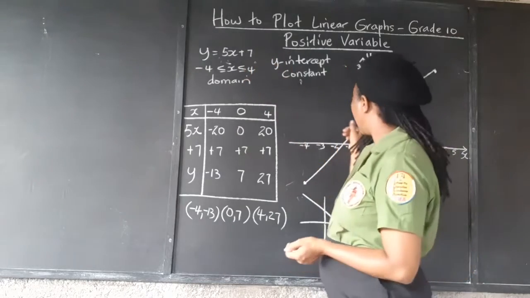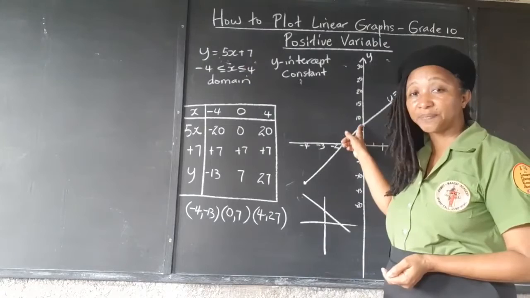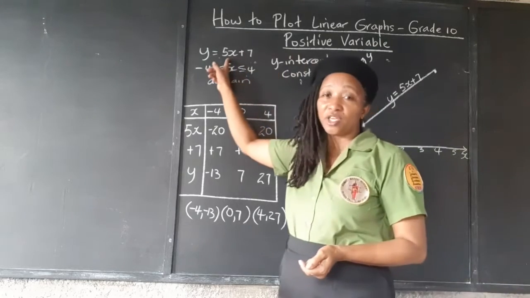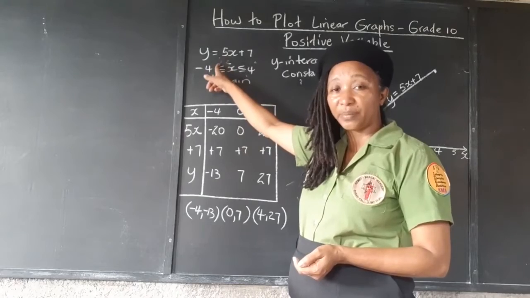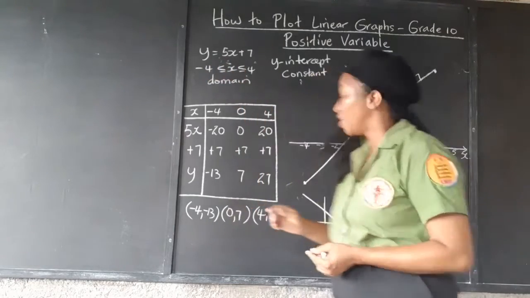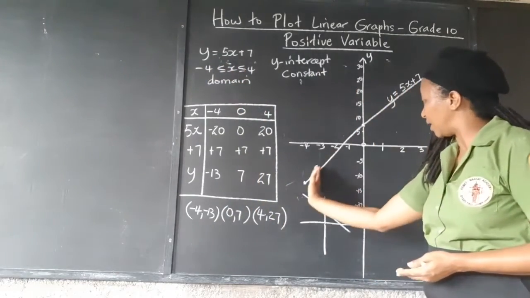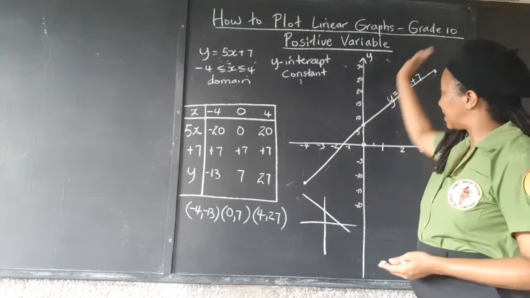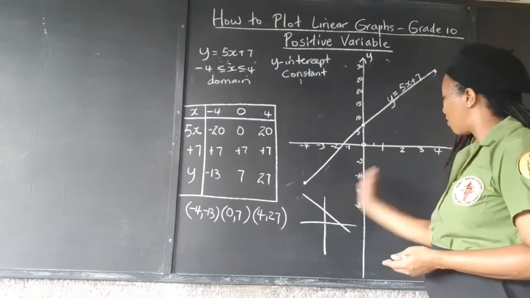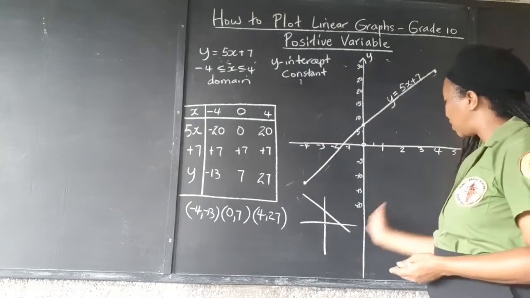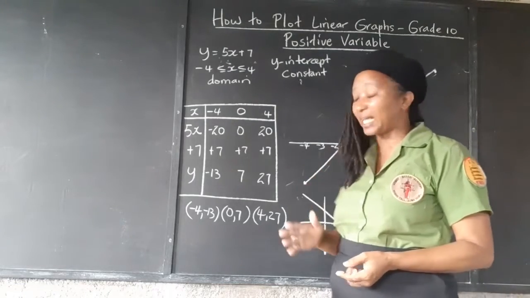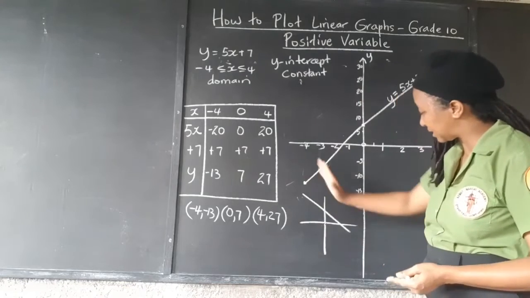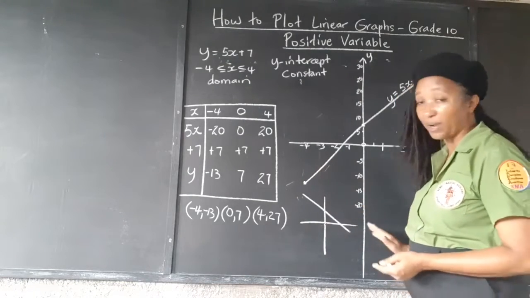If the coefficient, the number in front of your variable, is positive, your line should be going that way. Whether it starts over here or down there, it should be going this general direction. If your x coefficient is negative, it should be going the opposite general direction.